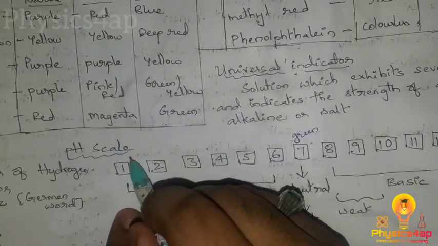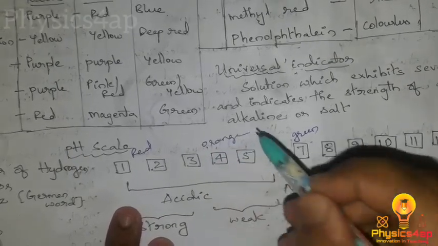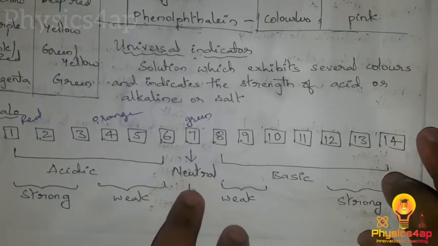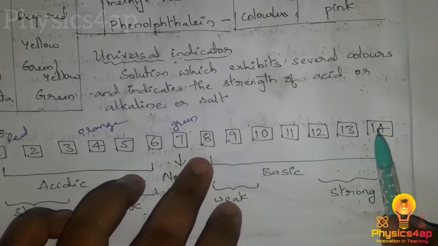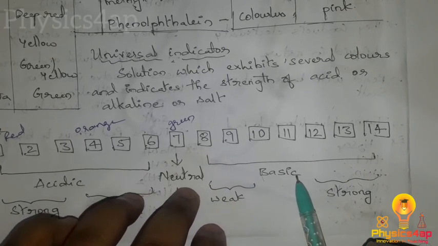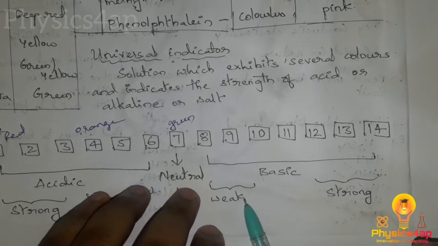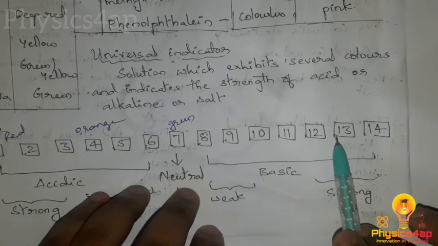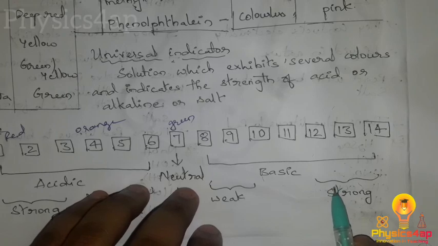So it starts from red and orange. And coming above 7, that is 8, 9, 10, 11, 12, 13, 14, these are basic in nature. 8, 9, 10 are weak in nature, that is weak bases, and 12, 13, 14 are the strong bases.